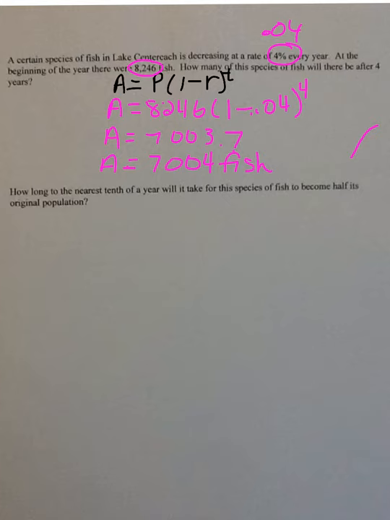So let's write down the formula. A equals P times 1 minus R to the T power. So remember, the initial population was 8,246 fish times 1 minus 0.04, and we're solving for T because it says how long, that's time, to the nearest tenth.